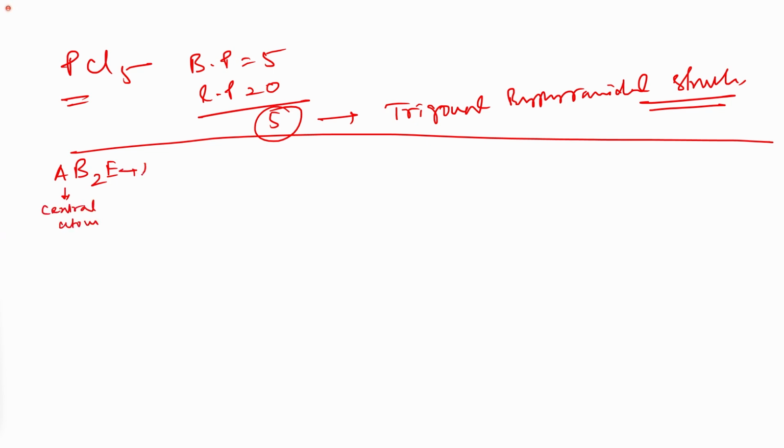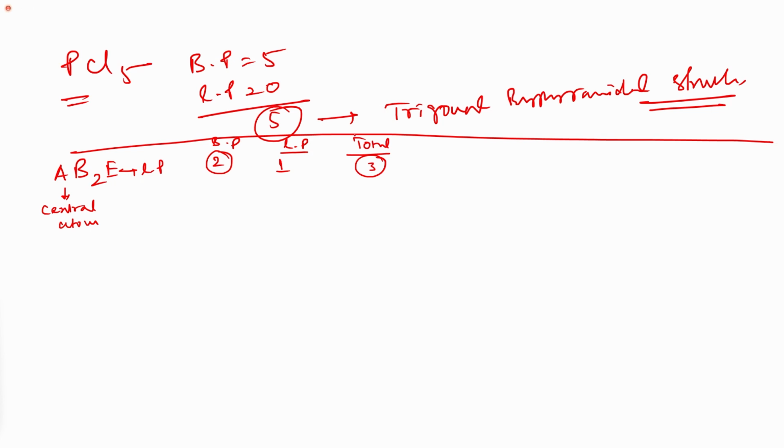When it is AB2E, that means the bonded electron pair equals 2 and the lone pair equals 1. So total is 3.